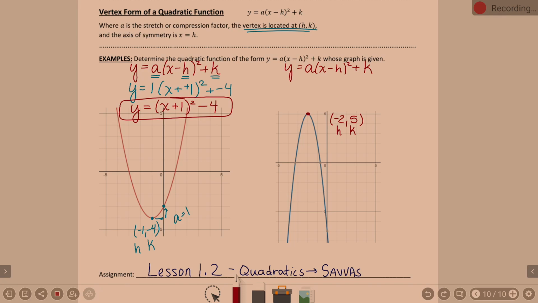And then, besides that, we need an A value. So here's what I'm going to say here. Find the first point you can. And where is that first point? Looks like it's right there.